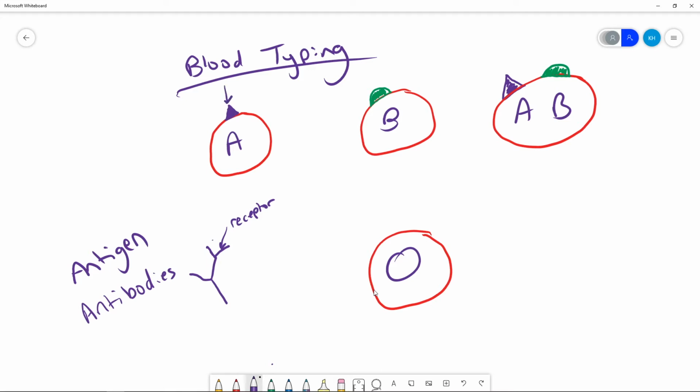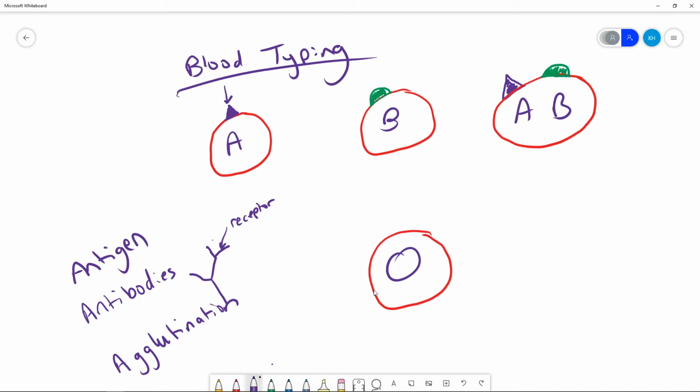Now, you may be wondering, what happens if the antibody binds to the antigen? A really cool but unfortunate process called agglutination will occur. Agglutination can be simplified by thinking of it like clumping. So if the antibodies bind to the antigen, then this will cause the blood to clump.